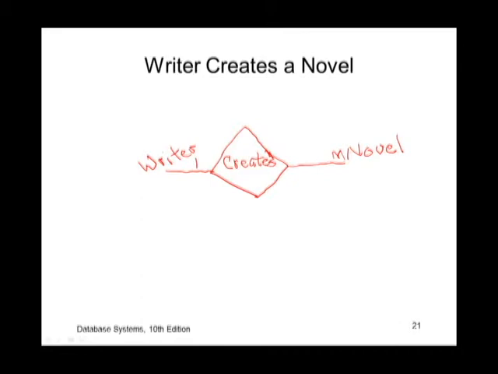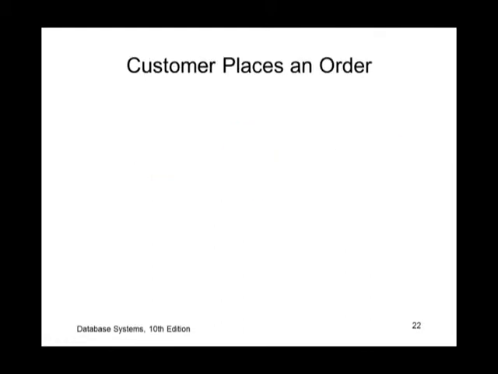Let's take a look at another diagram. This time we want to take a look at a customer placing orders. So we know that our verb is places. And we're going to expand this one just a little more.